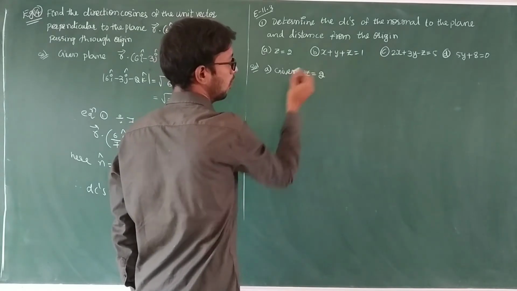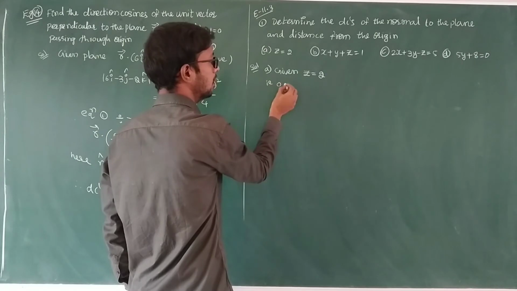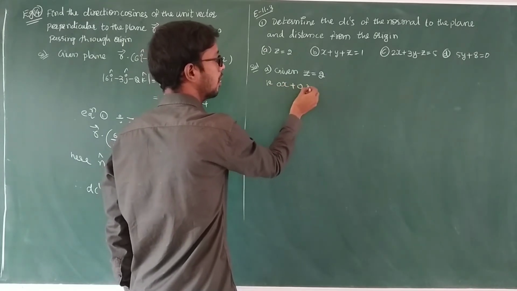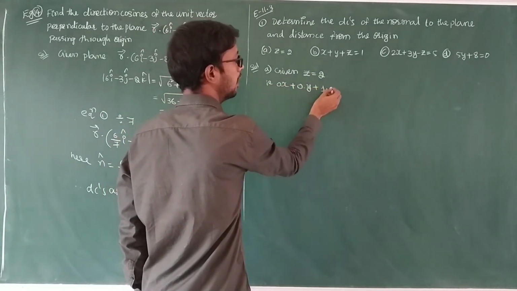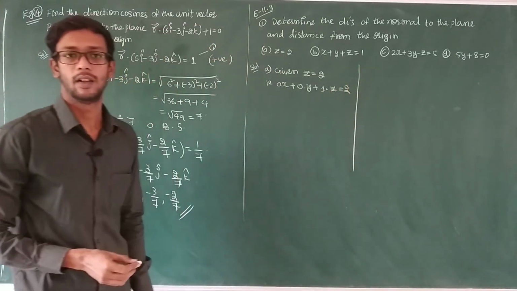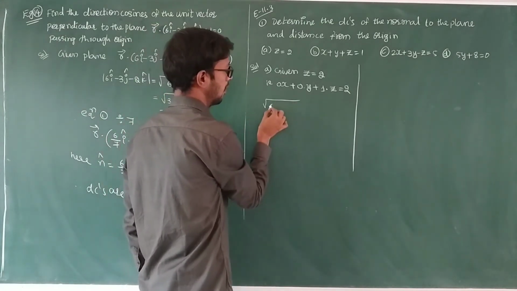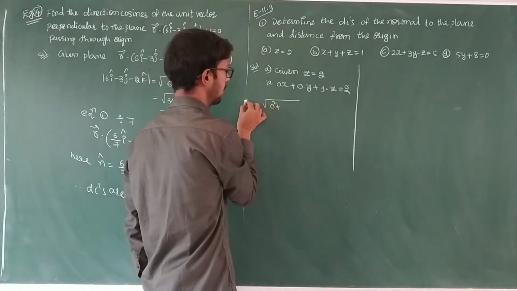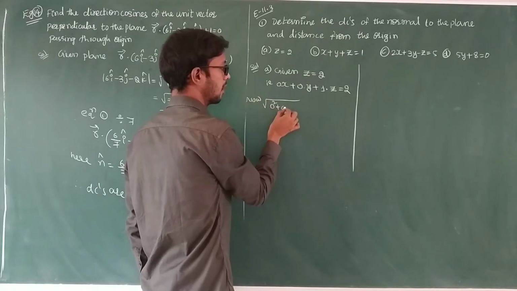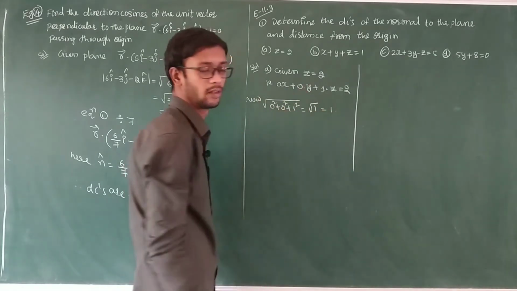z equal to 2. That means 0 into x plus 0 into y plus 1 into z equal to 2. Right? So now I have to find the magnitude: square root of 0 square plus 0 square plus 1 square is equal to root 1, that is 1.